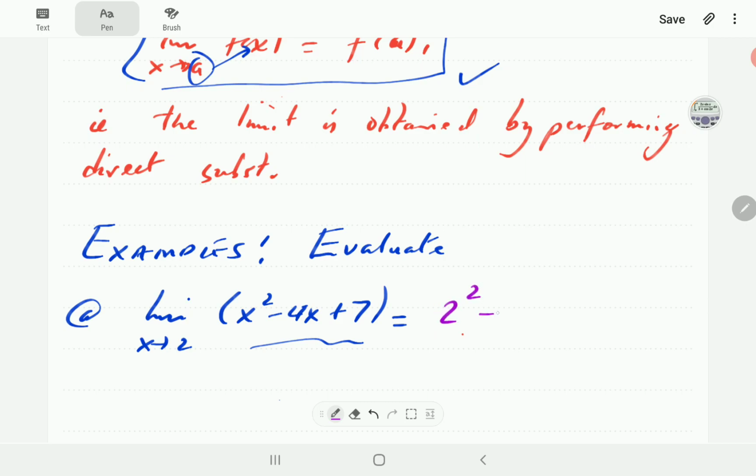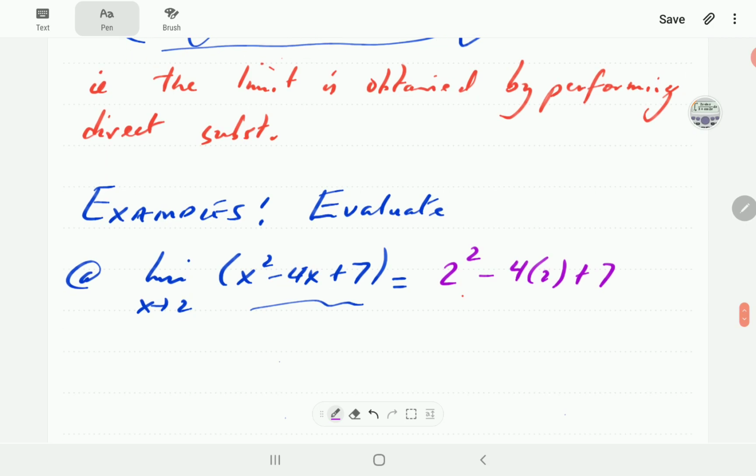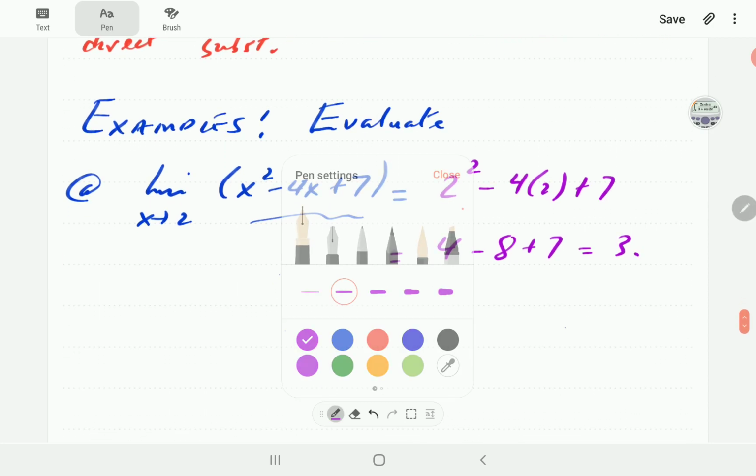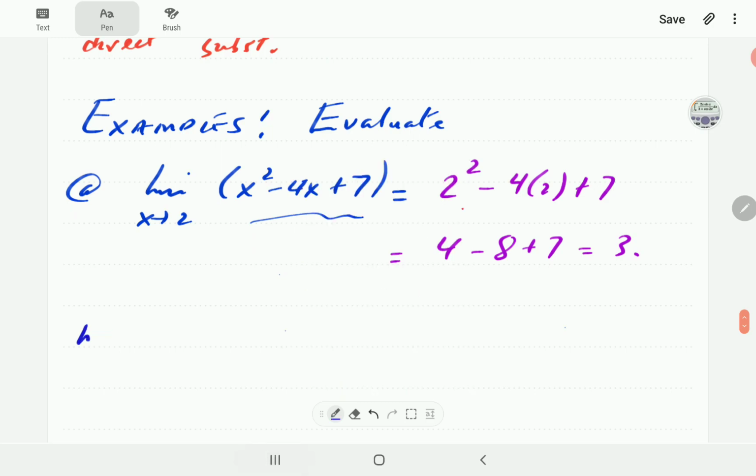So it's going to be 2 squared minus 4 times 2 plus 7. So this is going to be 4 minus 8 plus 7, which is 7 minus 4. So the limit is going to be 3.